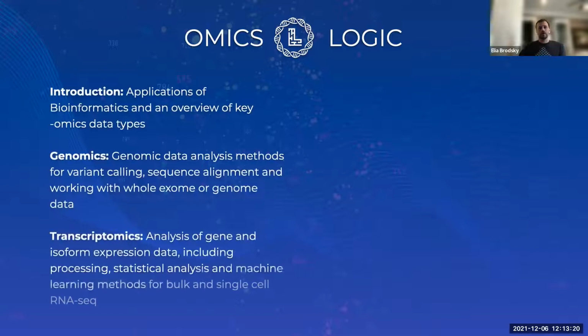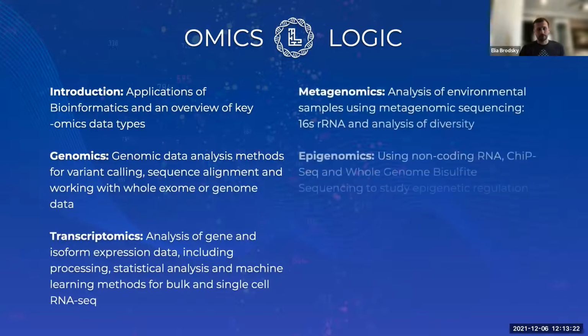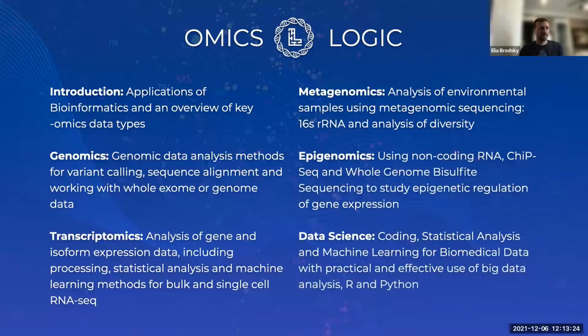So the basic kind of training, and this is basic training that has been standardized, trying to kind of address some of the typical applications of bioinformatics, different types of data.